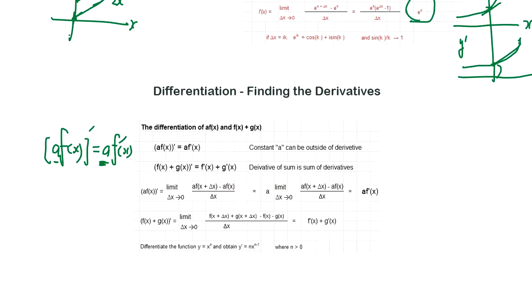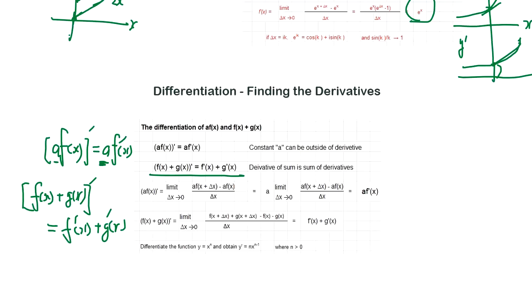Also another formula here is when you add functions and take a slope function, it's going to be the slope function of the addition, and that is proven here.